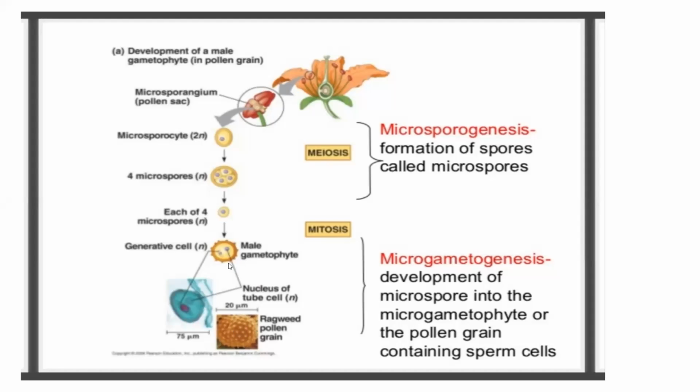Here I did not mention the tube cell. Of the 2 cells, one is the generative cell and the other is the tube cell, or vegetative cell, in the male gametophyte.